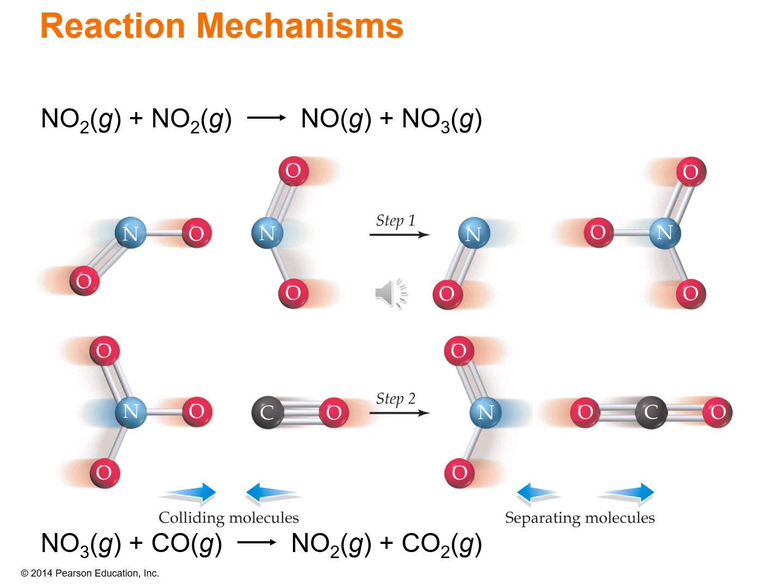But in the second step, you have the nitrogen trioxide molecule formed in the first step colliding with a carbon monoxide molecule, and the transfer of an oxygen atom from NO3 to CO, yielding an NO2 molecule and a carbon dioxide.